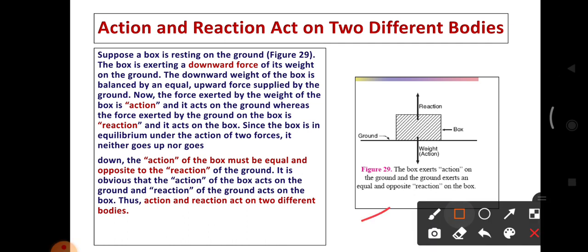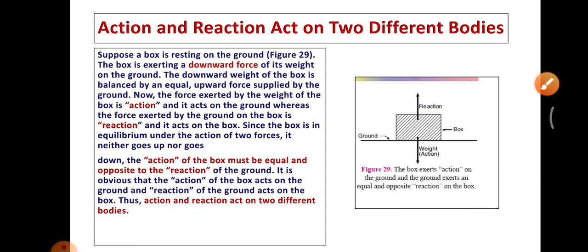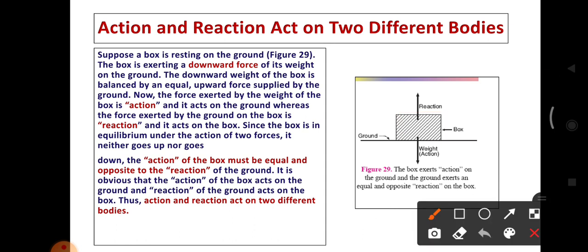Suppose a box is resting on the ground. So this is a box, it is resting on the ground. The box is exerting a downward force of its weight on the ground. So this is the box exerting a force on the ground of its weight.